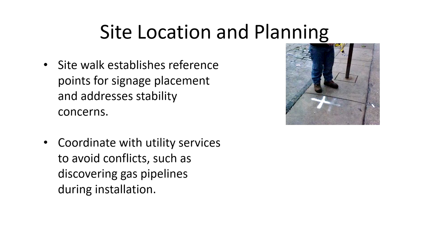Site location and planning involves conducting a site walk to address key questions such as, is the signage behind the setbacks, and it also assures the signage installation remains stable and secure.